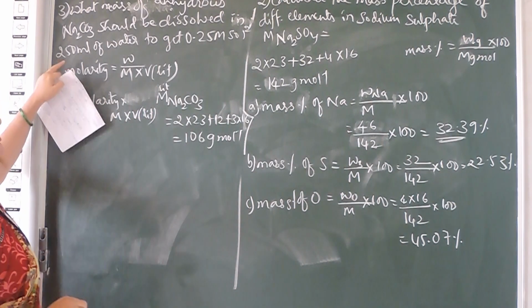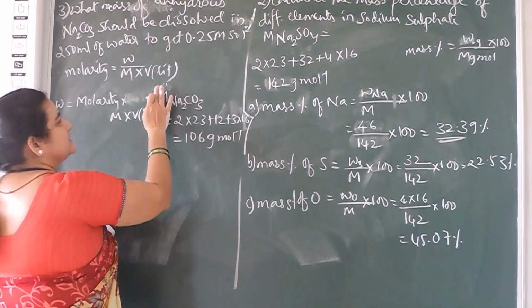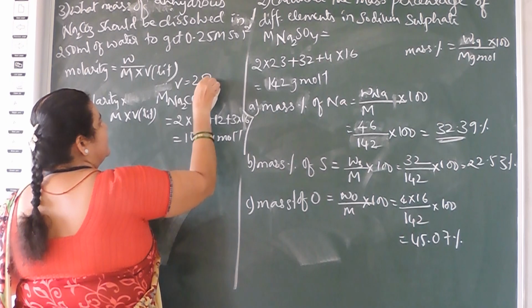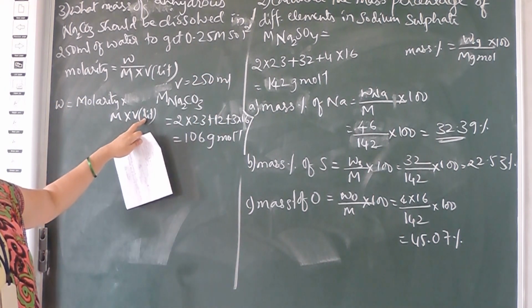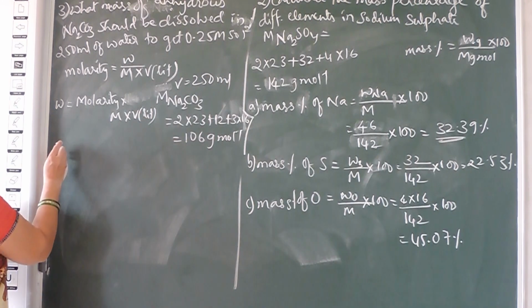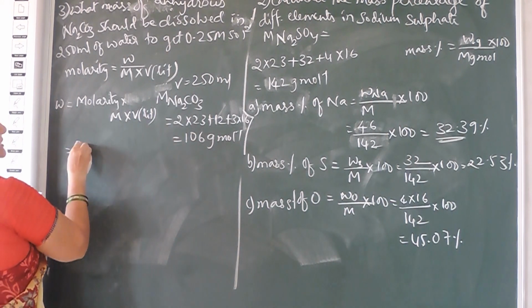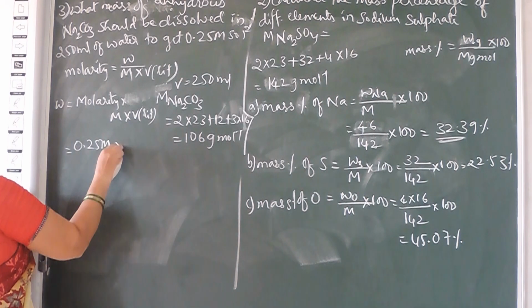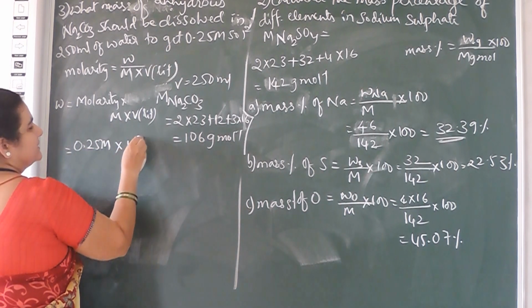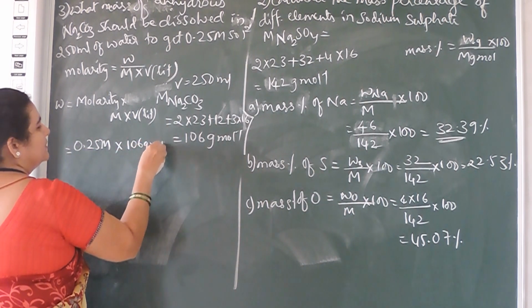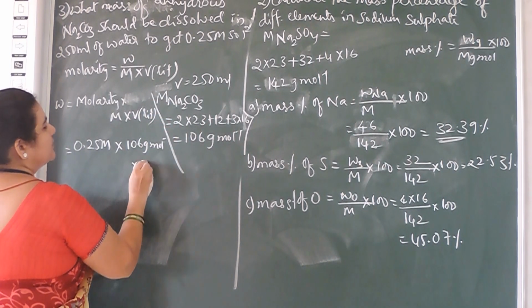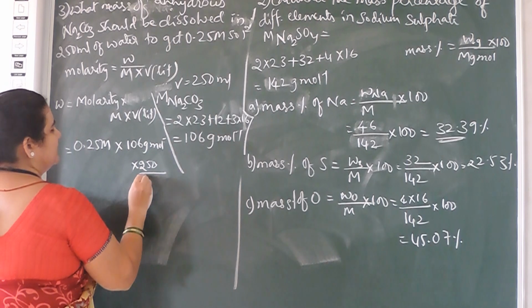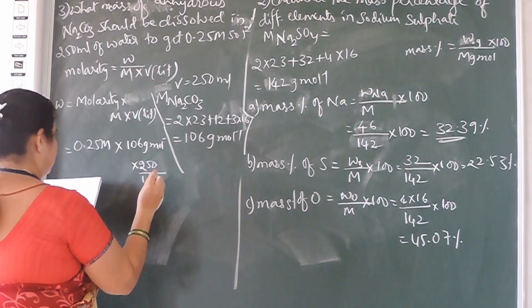So here the solution volume is given as V is equal to 250 ml, so that I have to divide it by 1000. So molarity is given as 0.25 M into molar mass is 106 grams per mole into volume of the solution is 250 divided by 1000.